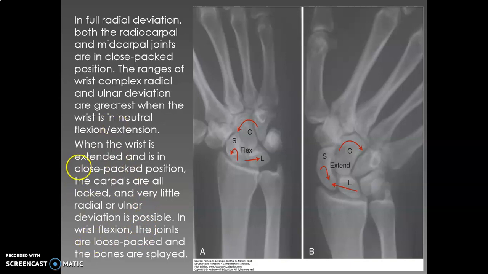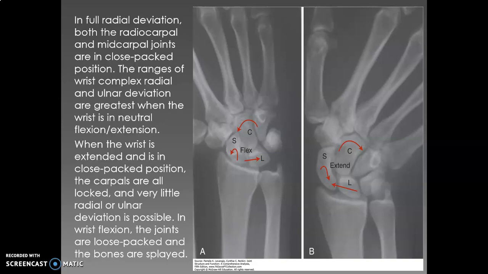Okay, in wrist flexion the joints are loose packed and the bones are splayed. Same in flexion, we cannot do ulnar deviation or radial deviation, because the carpal bones are loose packed and splayed. In extreme extension also, because it is too much close packed, there is no possibility of movement.